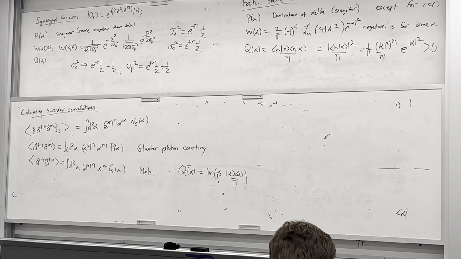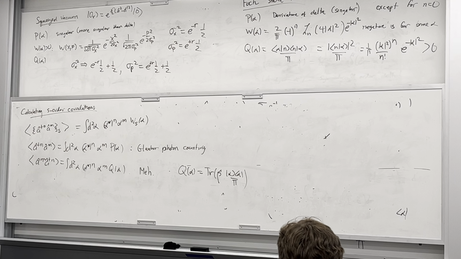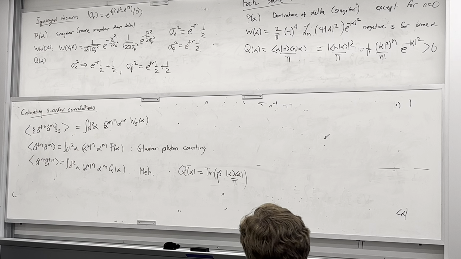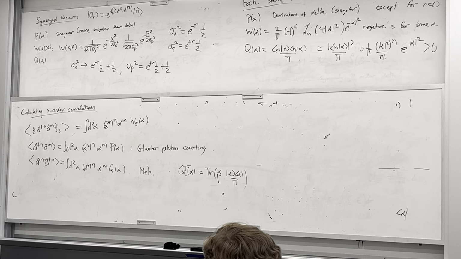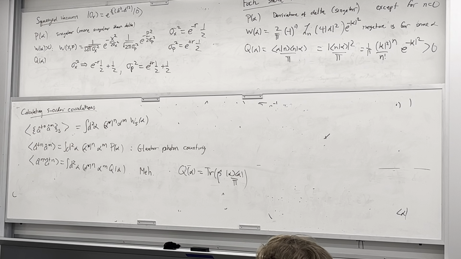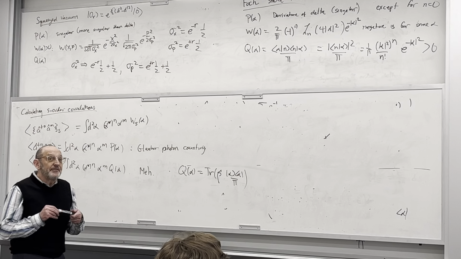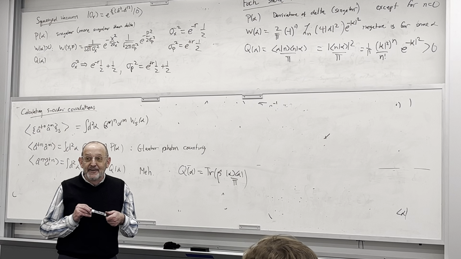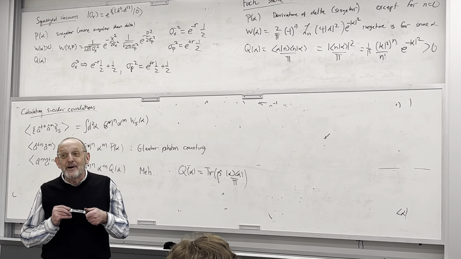Yeah? So obviously I don't usually care about an anti-normally ordered anything, but if I wanted to use the Q function, if that's all I had, I could take any operator I do care about and write it in anti-normal order, right? Except that the anti-normally ordered representation of the operator may not exist and probably doesn't.